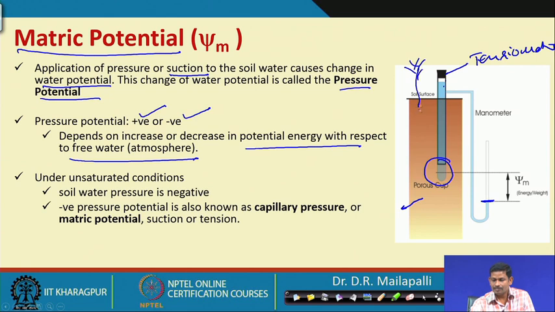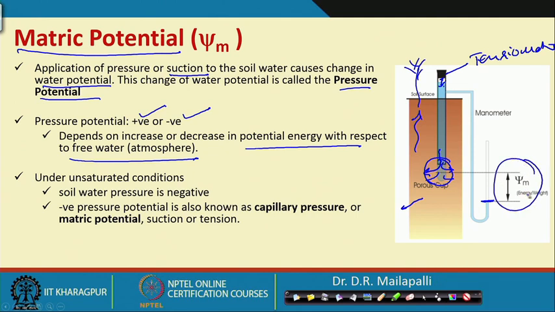The soil water surrounding the porous cup is going to deplete, and since there is a water reservoir available, water is going to come out through the ceramic cup, and here there is an empty space. That means a suction is going to be created, and this level can be monitored here. This is called metric potential.